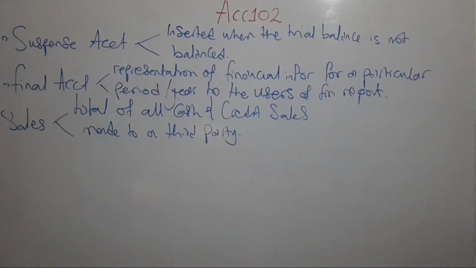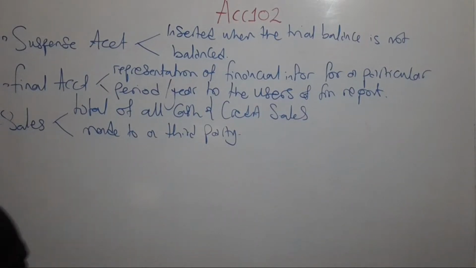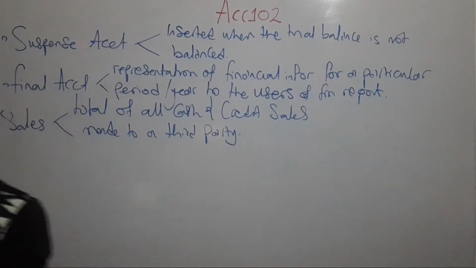Now, we also have what we refer to as return inward. I think we talked about this in our last class, where we said return inward is goods previously sold to a customer but later returned. Now, there's something called the opening stock.